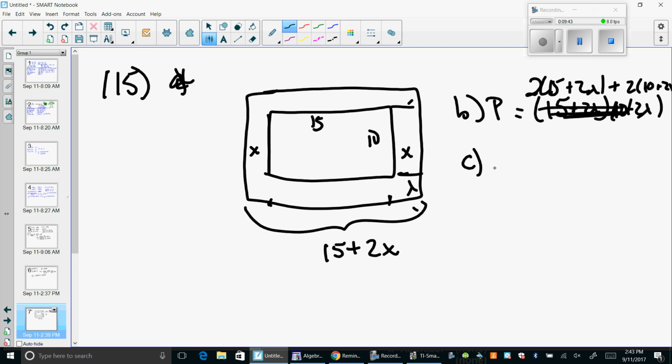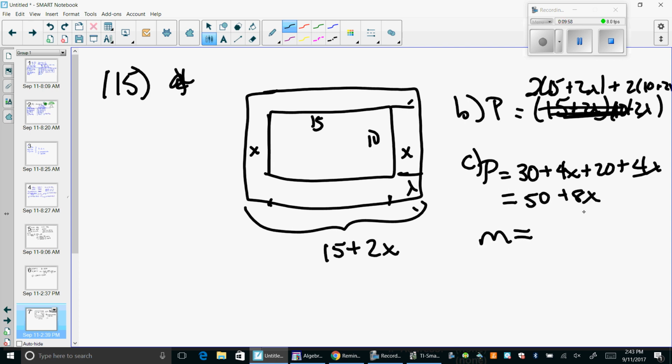If I were to work that out, because that might be the easiest way, I'd get 30 plus 4x plus 20 plus 4x, which would be 50 plus 8x. What's the slope of that line? It would be 8. Part C says graph it and determine the slope of the graph. So the slope is 8.